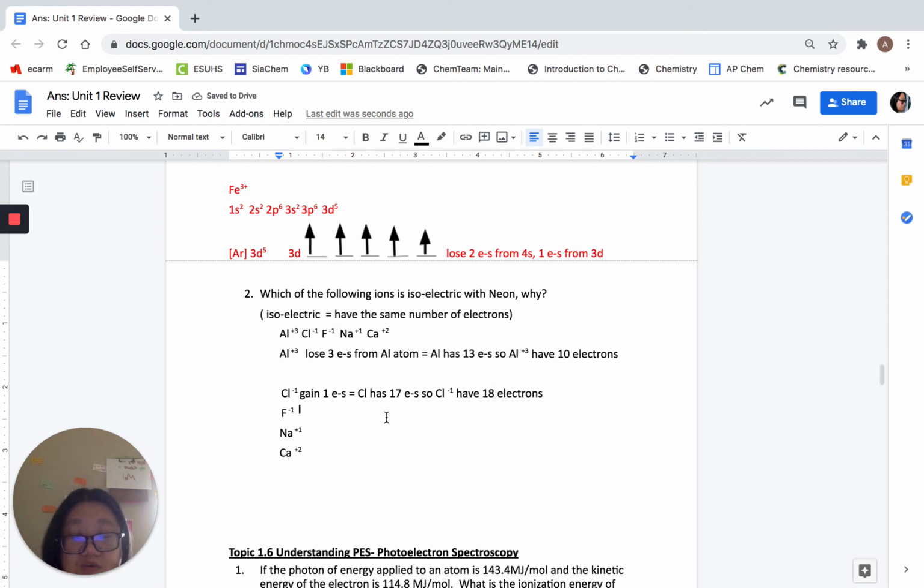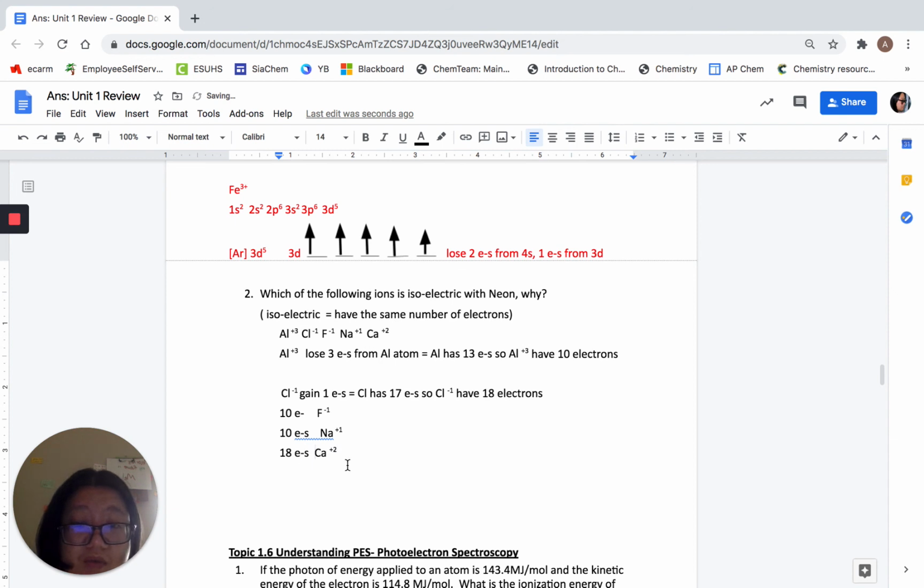Okay, so again, I'm not gonna go ahead and do each one. I'm just gonna tell you what is going on. F minus is gonna be 10 electrons. Okay, and then Na plus 1 is gonna be also 10 electrons. And then Ca plus 2 is 18 electrons.